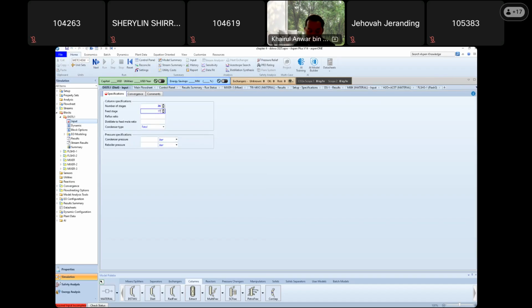Number of stages 17. Refer to slide 27. The reflux ratio is 1.5.